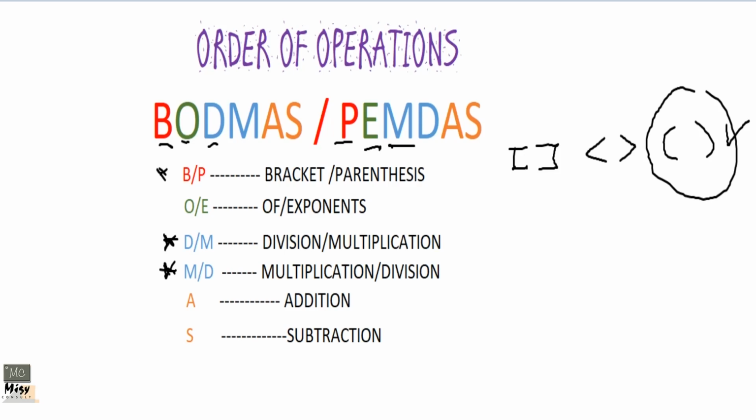That's why BEDMAS and PEMDAS help here. The D comes before the M, and the M before the D, so it's very interesting. So DM, MD. Don't worry yourself about that. It's either division or multiplication, or division from left to right. As simple as that. I believe you are getting this.